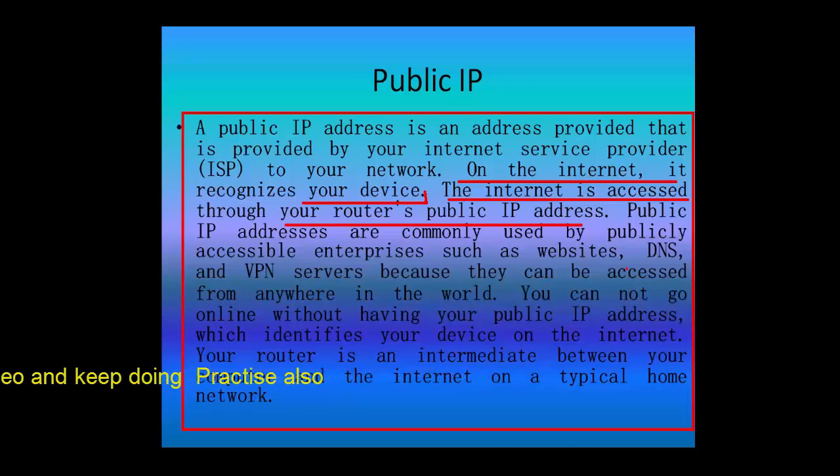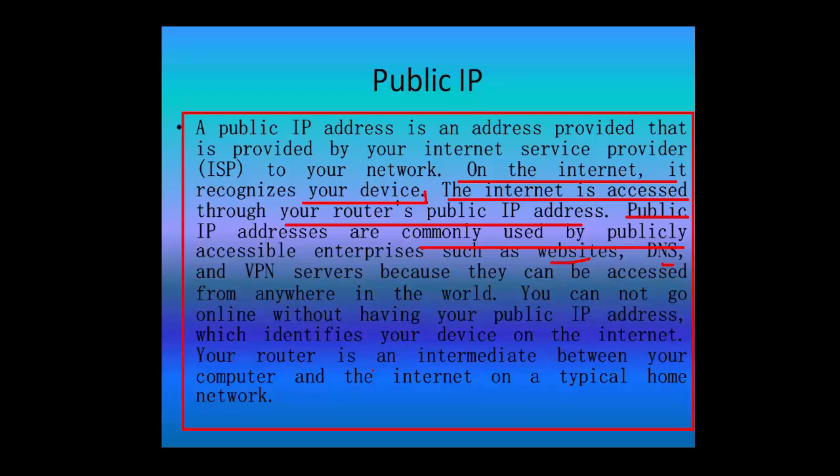So that is also theory, nothing so complicated. Just to make it clearer, public IP addresses are commonly used by publicly accessible enterprises such as websites, DNS, and VPN servers, because they can be accessed from anywhere in the world. You cannot go online without a public IP address, which identifies your device on the internet.